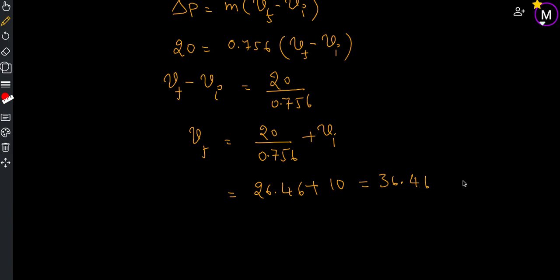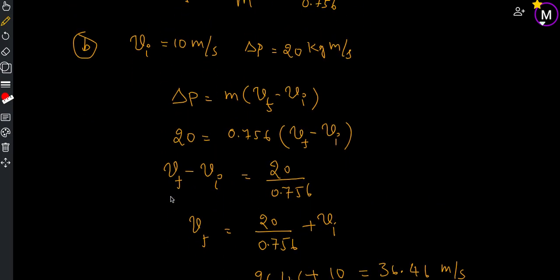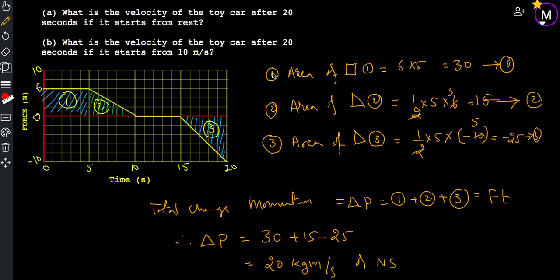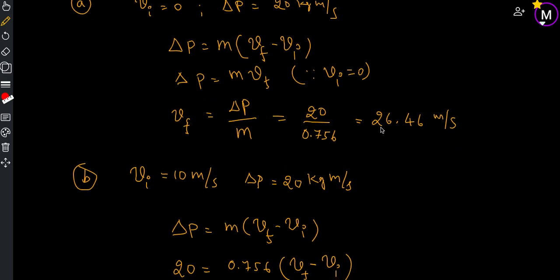Since it is velocity, we write the units as meter per second. So for the first one, the answer is 26.46, and for the second one, the answer is 36.46.